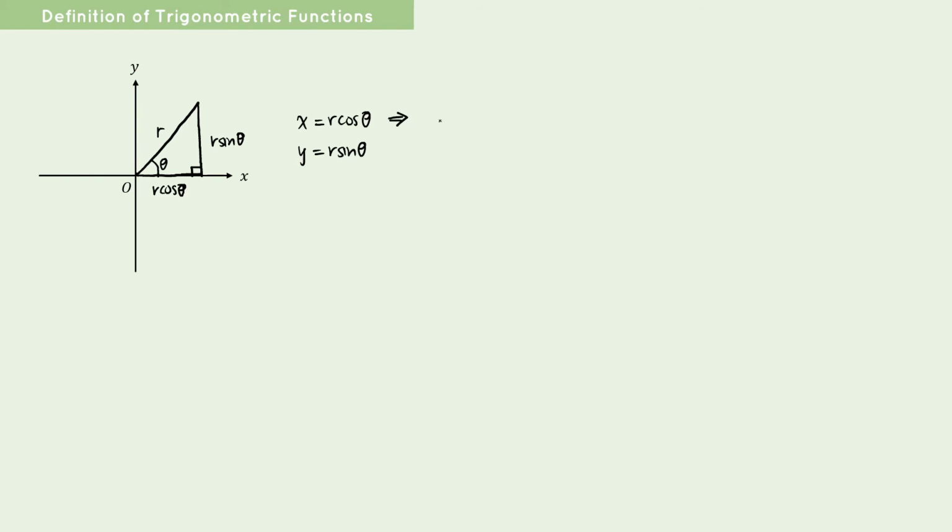So we can see that cosine theta is x over r and sine theta is y over r. We can also define tangent theta, because tangent theta is opposite over adjacent, so it's r sine theta over r cosine theta, which is y over x.